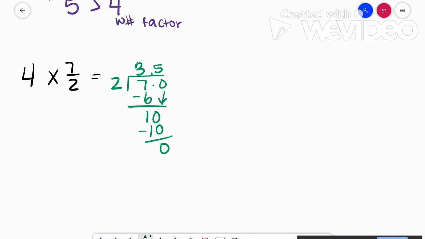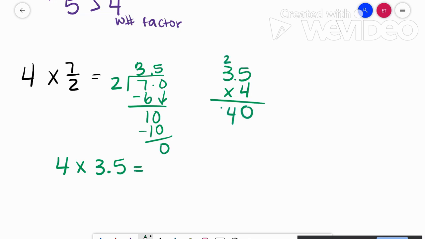Okay, so then I'm going to do 3.5 times 4, because my new equation is 4 times 3.5. My product is 14, and my product is greater than my whole number factor, which was 4. Okay.